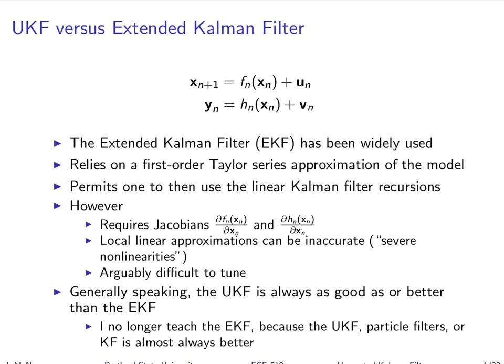It's based on a first-order Taylor series approximation of the state space model. You can see one of the things I have here is additive noise. Implicitly, both the extended Kalman filter and the unscented Kalman filter can handle nonlinear process and measurement models, but they both more or less are based on additive noise.